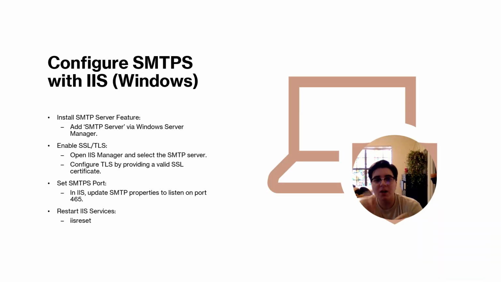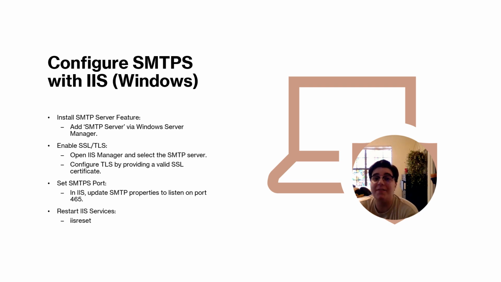On Windows, we configure SMTPS using Internet Information Services, or IIS. The first step is to install the SMTP server feature through Server Manager. Once that's done, we open IIS Manager to configure SSL/TLS.